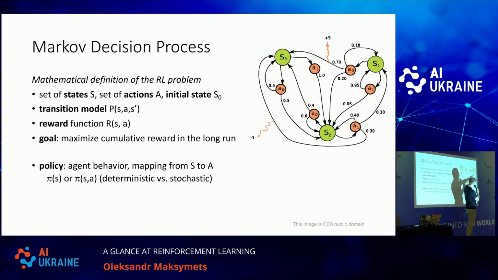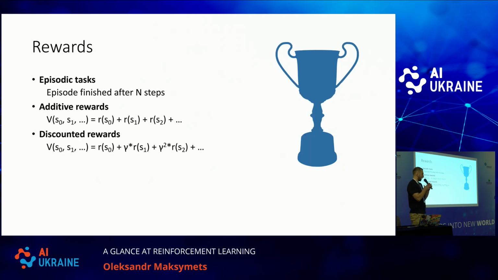So for example, from here, with 95% we can go to S1, and with 5% we go to S2. That's important because this agent does not always do the same action from the same state. It can be different.